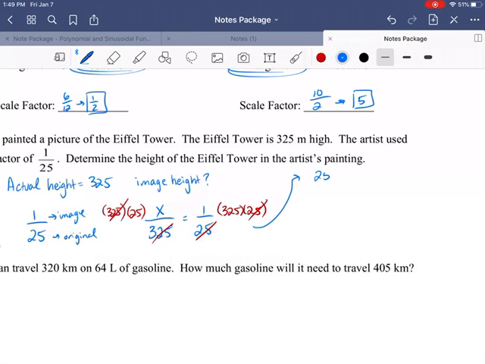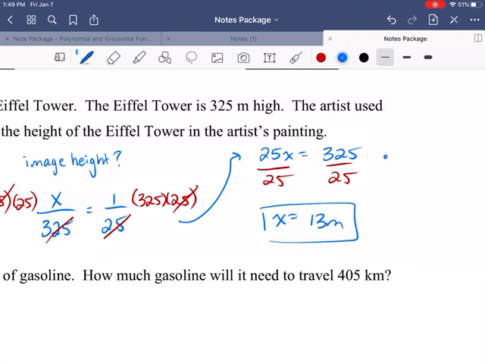So you end up with 25x is equal to 325. And if you go ahead and divide by 25, x will equal 13 meters. So, therefore, the image height is 13 meters.